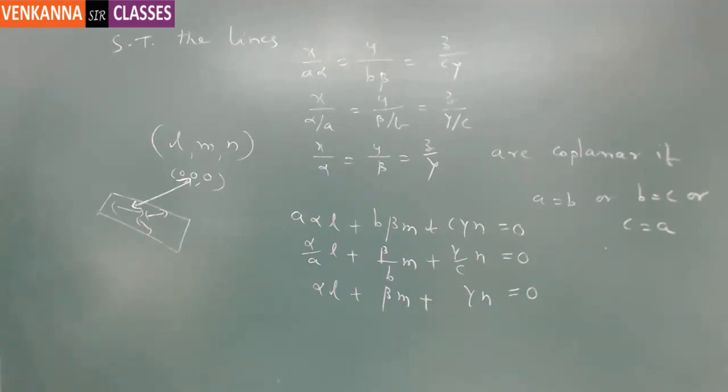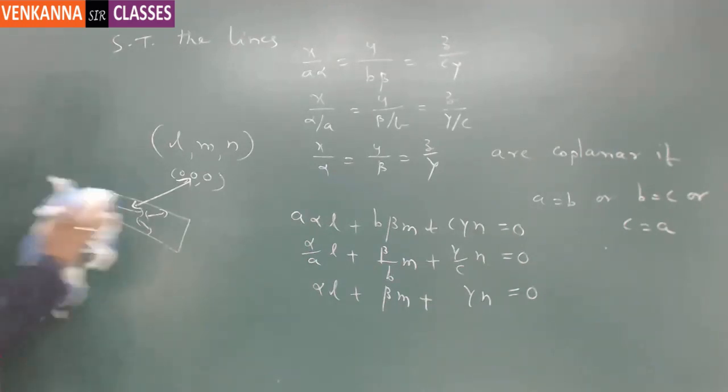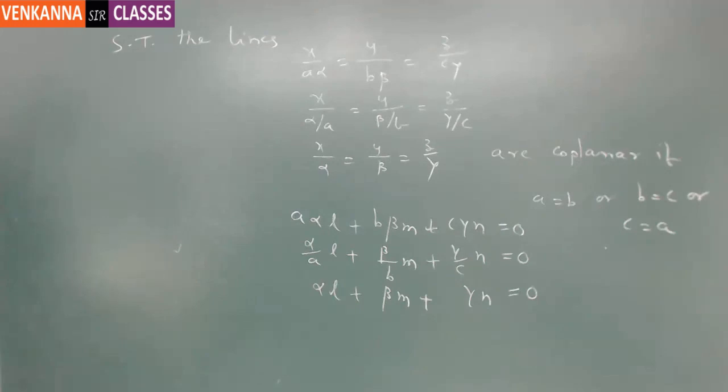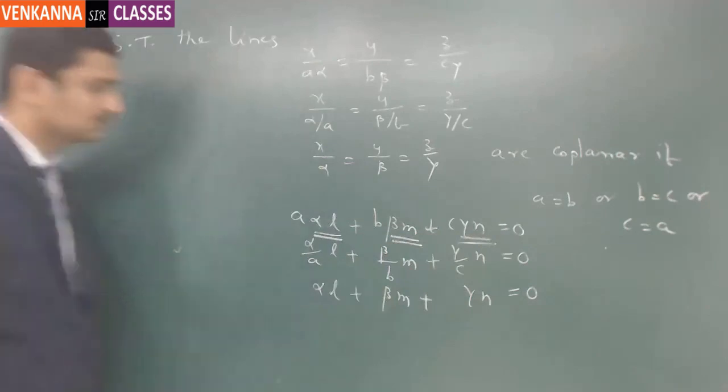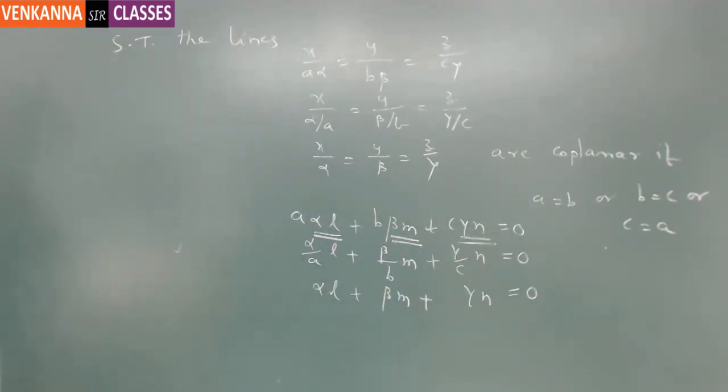Now, how are we evaluating? So if you observe the three equations, in each equation these terms are common: alpha L, beta M, gamma N. In each equation, these three terms are common. So if you treat them as the variables, if the three lines are coplanar, the determinant of the coefficients must be equal to 0.